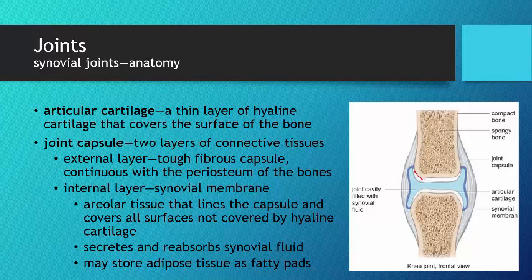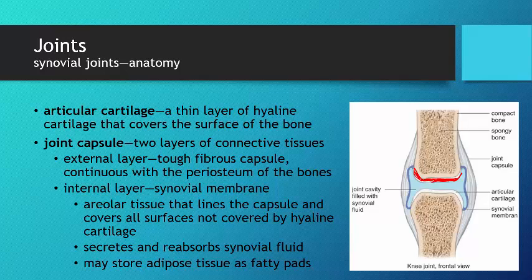The cartilage layer that covers the bone, where the bone is inside the joint capsule, is referred to as articular cartilage. It's a thin layer of hyaline cartilage that covers the surface of the bone.